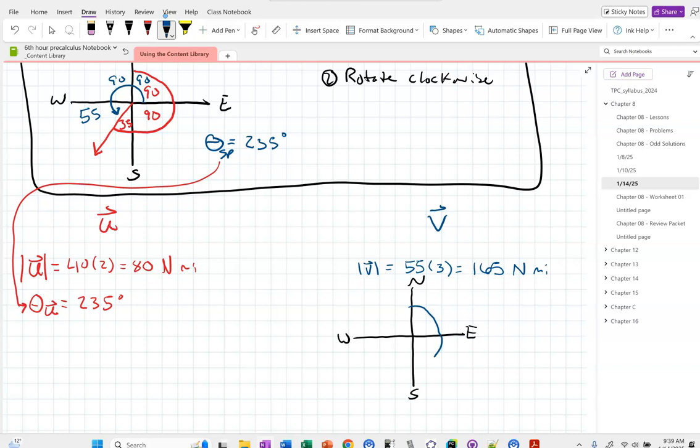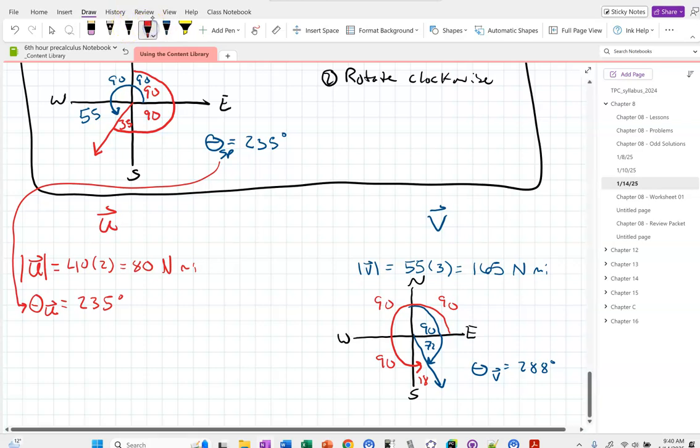So that's 90 and then 72 more. But we don't want a bearing, we want our standard position angle. So that's going to be 90, 90, 90, and that little section must be 18. So 288. So far, so good?